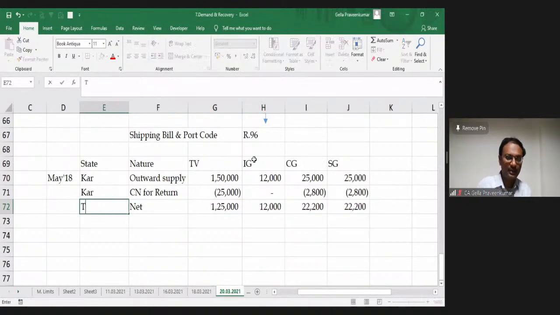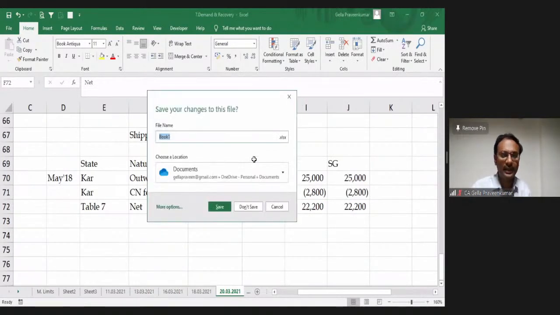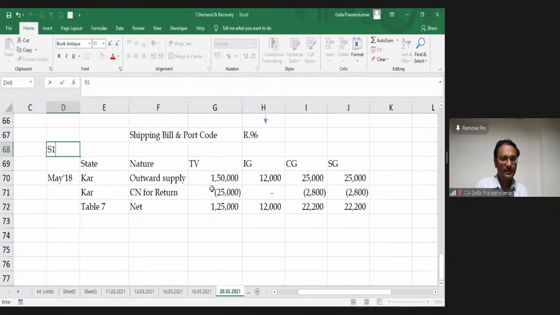This comes to my table 7. Now, so far so good. What you have said, I have understood. So what if this is an alternative transaction? Just give me a minute. I'll call this scenario 1.